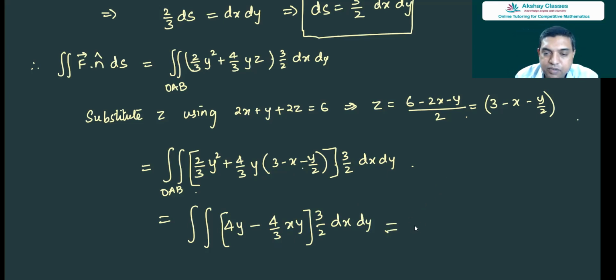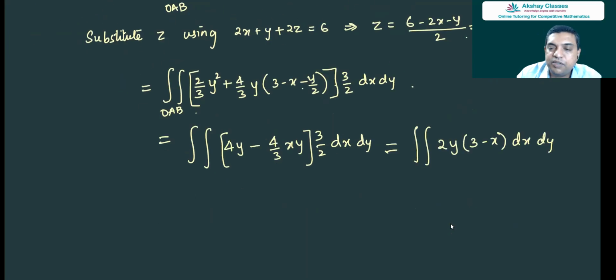All right, so multiply throughout by 3 and divide by 2. So 2y comes out common, and I will get here 3 minus x, dx dy.